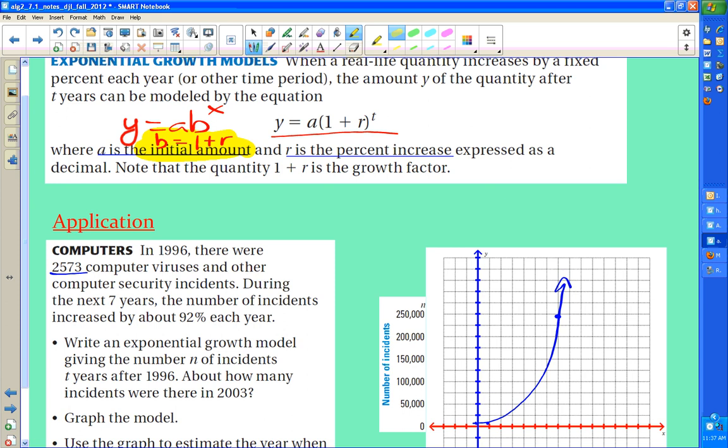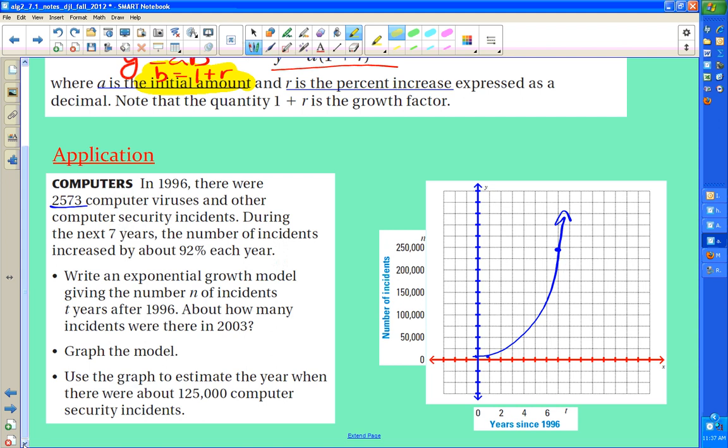So in this case, you look at this example, the computer is 1996, 2573 computer viruses, 2573. During the next 7 years, the number of incidents increased by 92% a year. Write an exponential growth model giving the number of incidents t years after 1996.